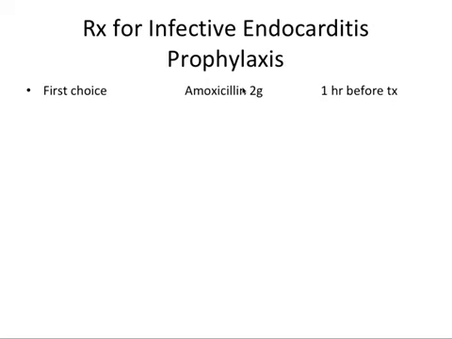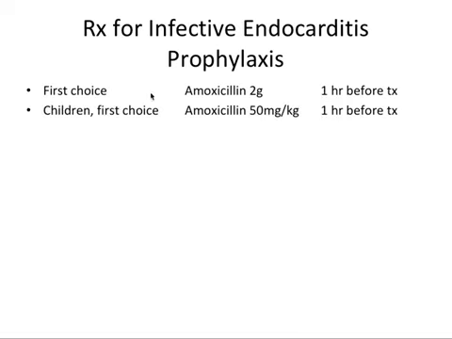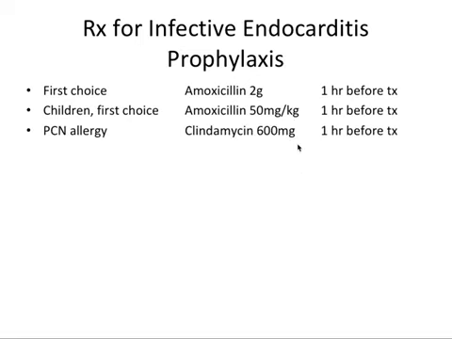And amoxicillin would be a 2-gram dose and be taken 1 hour prior to dental treatment. Now for children, our first choice again is still amoxicillin, but this time it's based on the patient's weight, as a lot of things in pediatric dentistry are. So it's 50 milligrams per kilogram of patient weight, and again taken 1 hour before treatment.